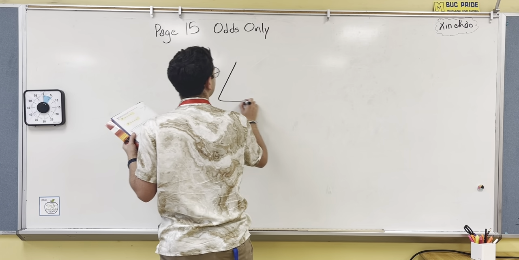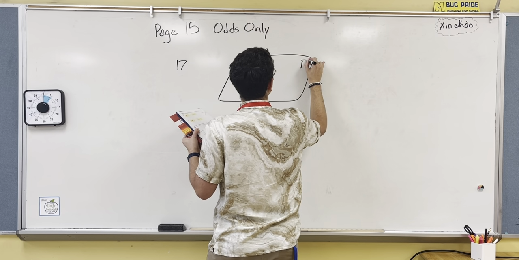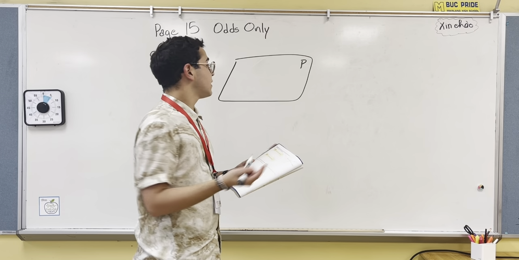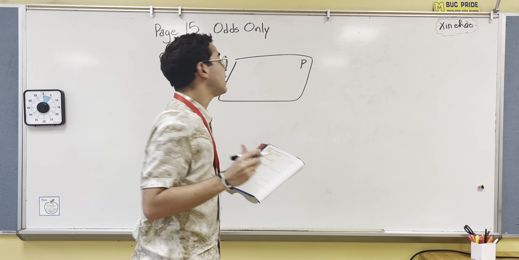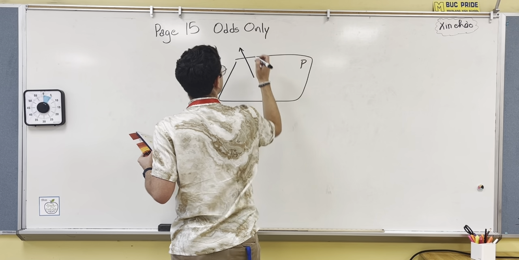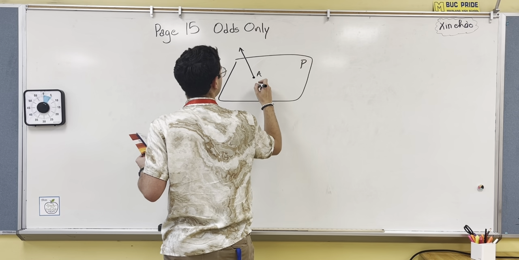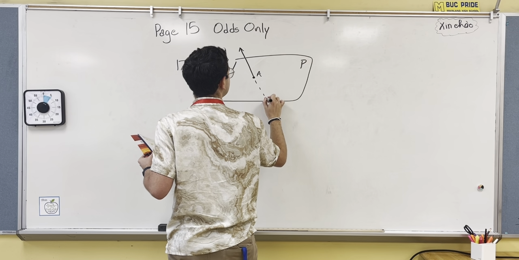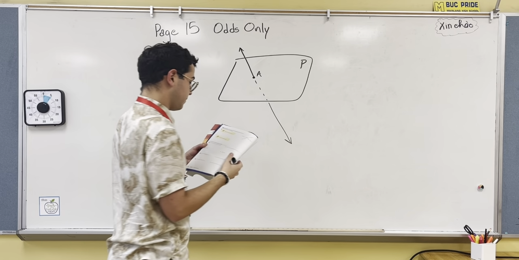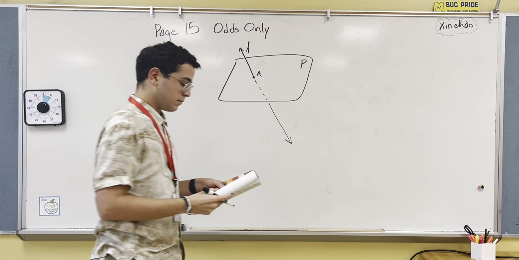So I'm going to draw plane P. Now I have to draw line L intersecting plane P. So I'm going to go ahead and draw a line that never ends, that touches point A and then continues on underneath forever and ever. This line is lowercase l.